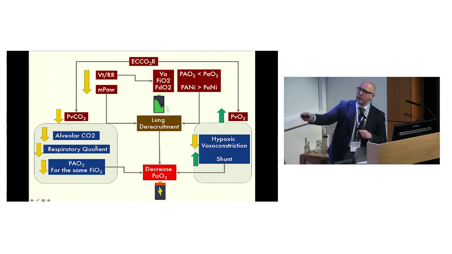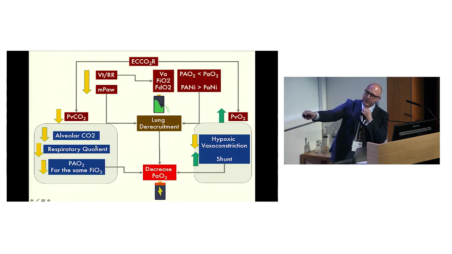We've seen it earlier on. And as a consequence of that, if the patient is ventilated, the mean airway pressure goes down. Okay, if the mean airway pressure goes down, there might be some lung de-recruitment, which might lead to PaO2 reduction.